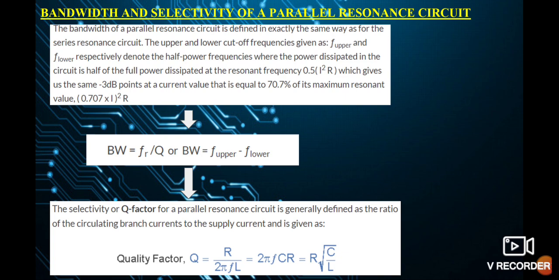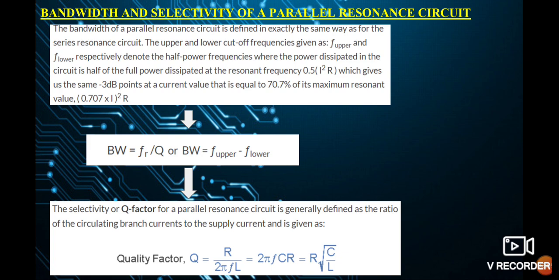The two points of the graph had two frequencies, one on the left hand side and one on the right hand side. The left hand side had the lower cutoff frequency, noted as FL, and the right hand side was called the upper cutoff frequency. The distance between these two frequencies gives us the bandwidth for a parallel resonance circuit.